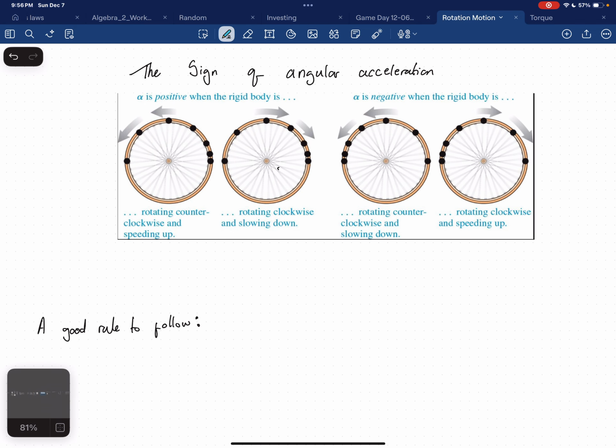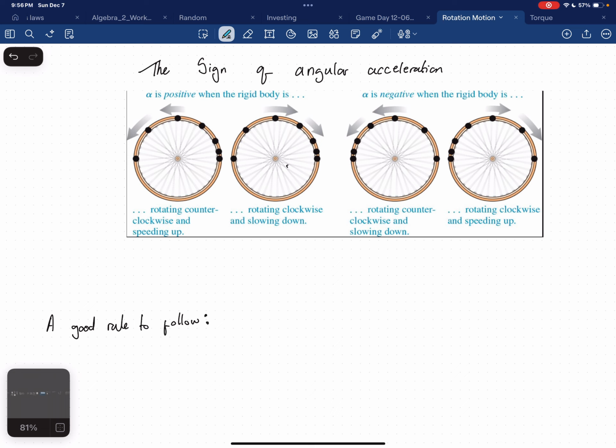Now, the sign of angular acceleration. How do we think about it? When is angular acceleration positive? When is it negative?